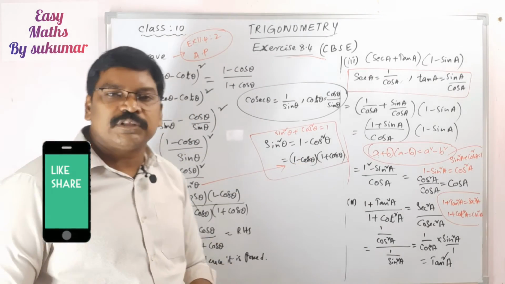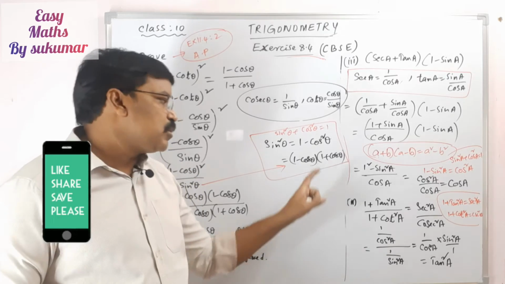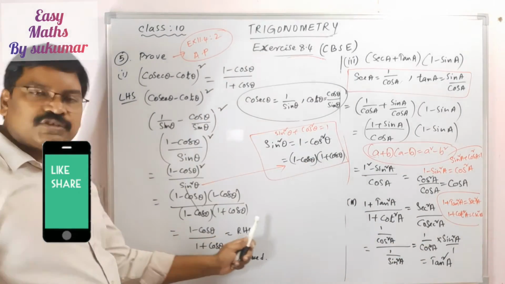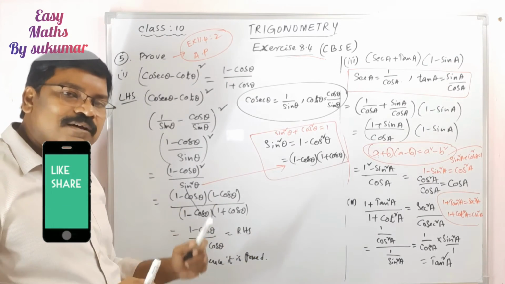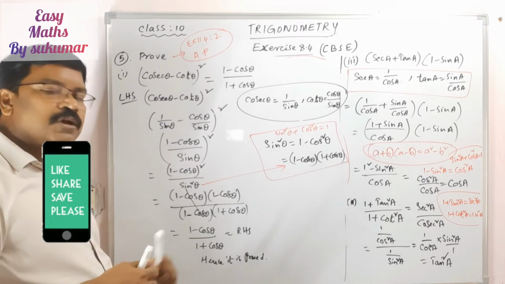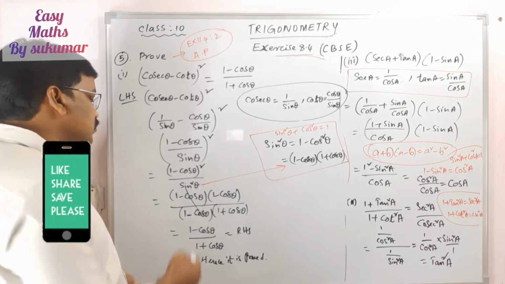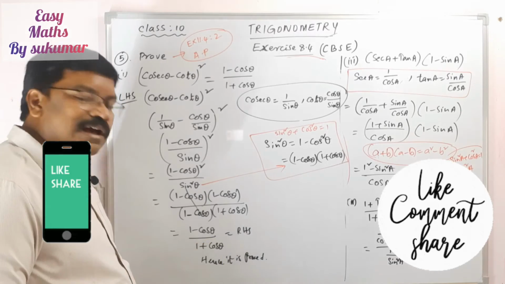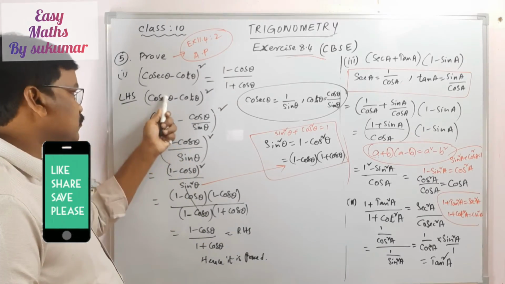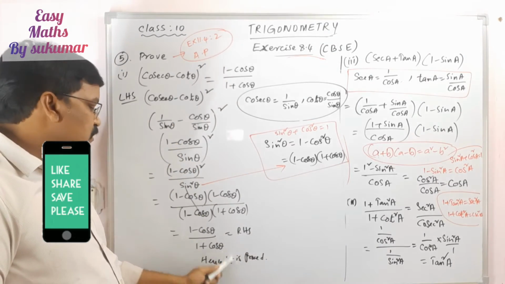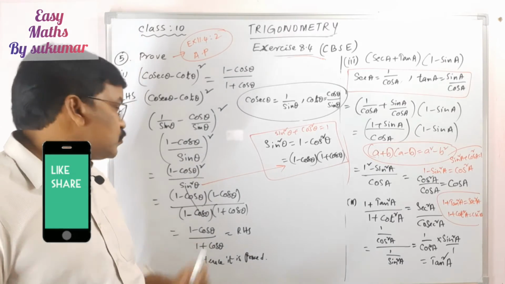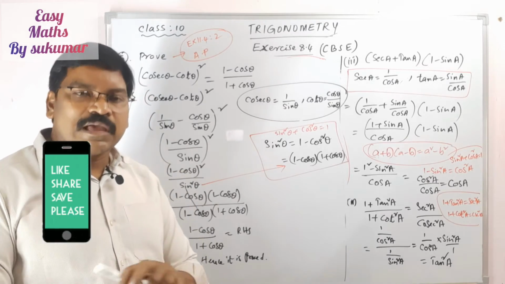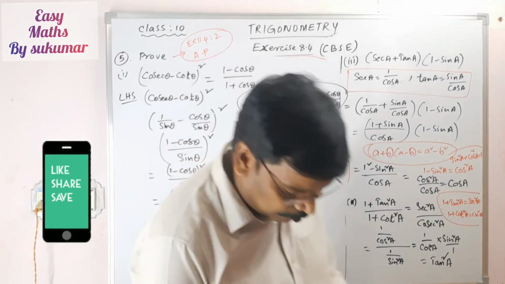So 1 minus cos square theta can be written as 1 plus cos theta into 1 minus cos theta. Instead of sin square theta, I have written 1 minus cos theta times 1 plus cos theta. So both get cancelled. So 1 minus cos theta by 1 plus cos theta, that is RHS. LHS is cosecant theta minus cot theta whole square. We proved that it is 1 minus cos theta by 1 plus cos theta. Hence it is proved.